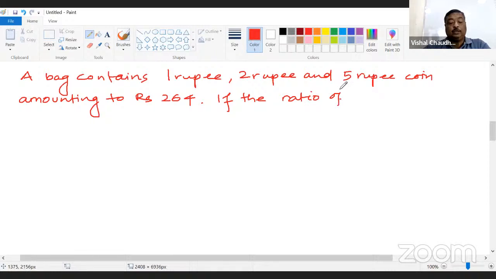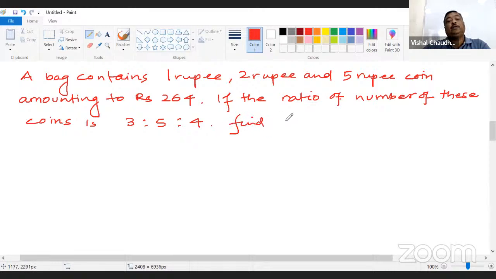If the ratio of the number of these coins is 3:5:4.